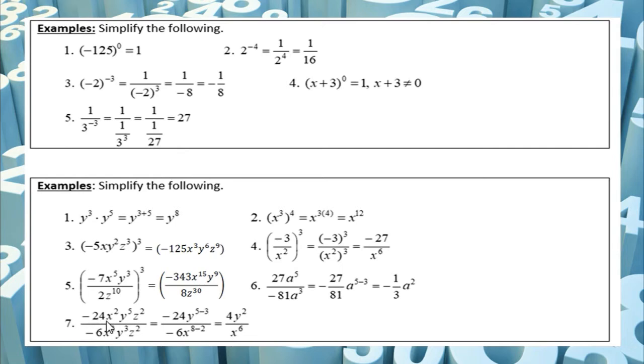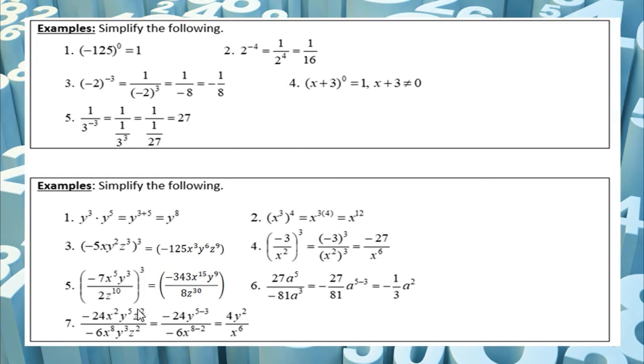And last example, we have this. Negative 24x squared y to the power of 5 z squared all over negative 6x to the power of 8 y cubed z squared. So this is equal to, okay, we have here negative 24. For x, the larger exponent is in the denominator, so we subtract it from the bottom, giving x to the power of 8 minus 2.